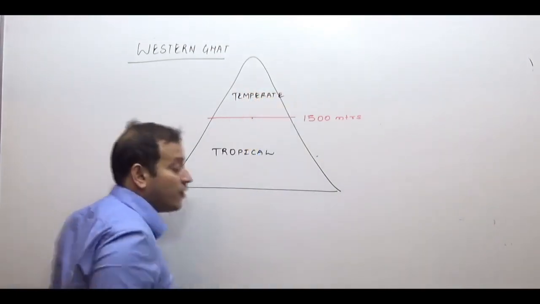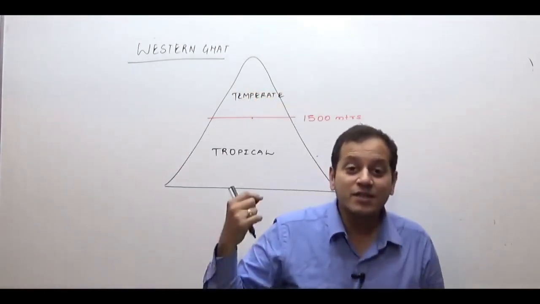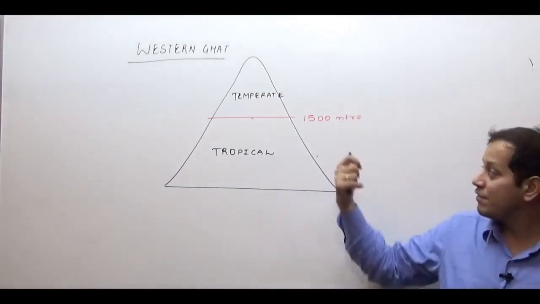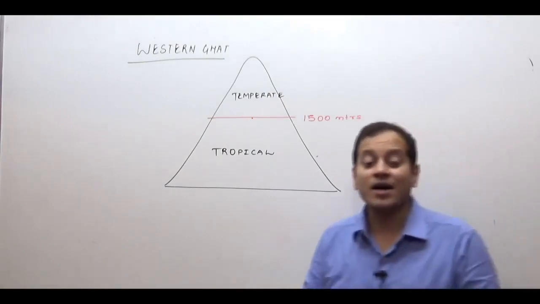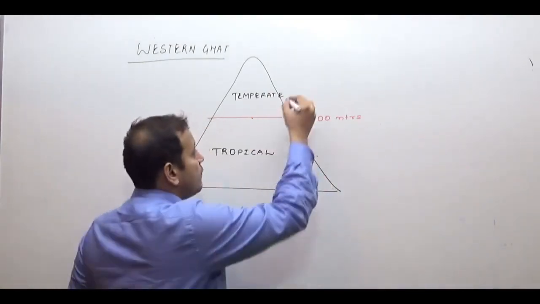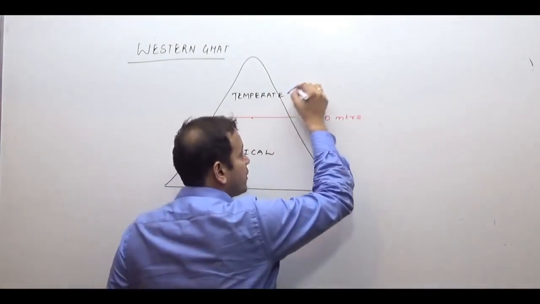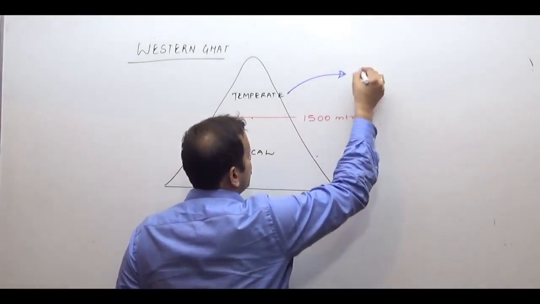So the temperate forests in the Western Ghat region are found above the height of 1500 meters. And remember, these temperate forests are known as the Shola forests.